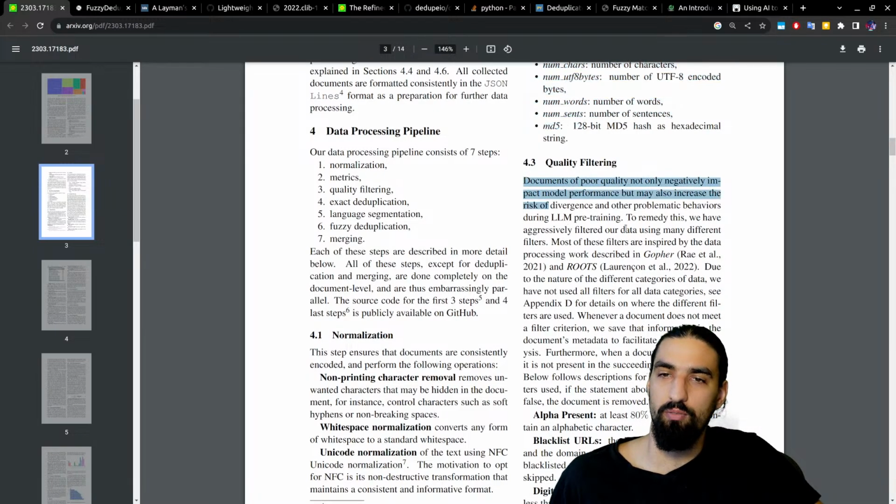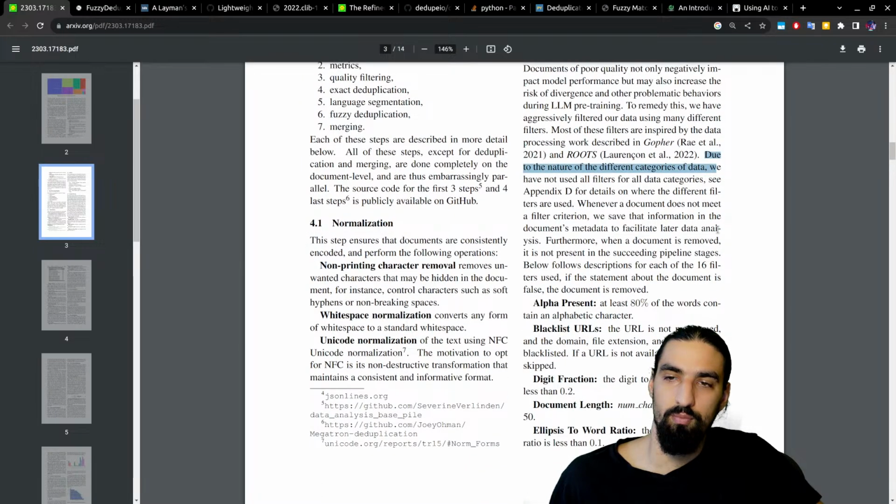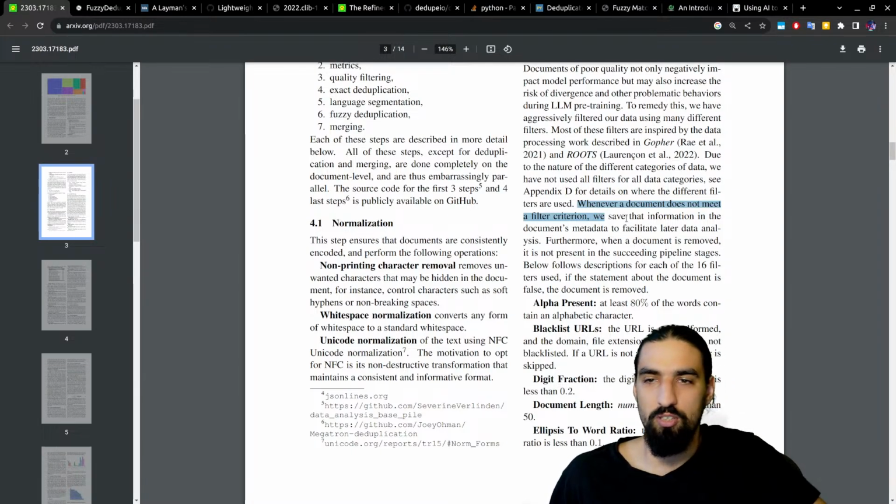Quality filtering. DeepMind's Gopher paper. Whenever a document does not meet the filter criterion, we save that information in the document's metadata to facilitate later data analysis.